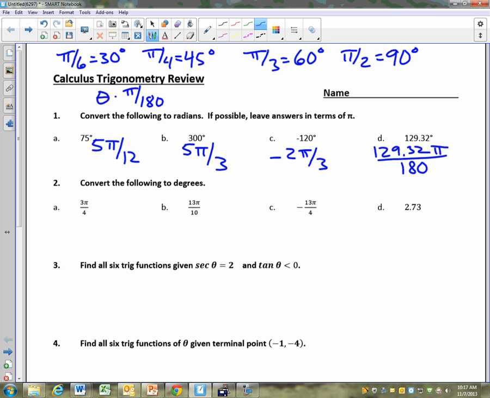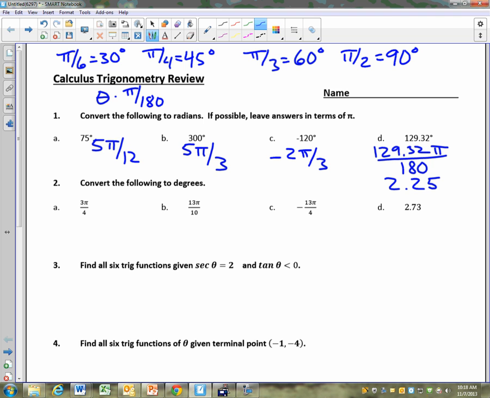What do you get? 129.32 times 3.14 divided by 180. 2.256. So radians can be expressed in terms of pi. They can be expressed as a decimal.